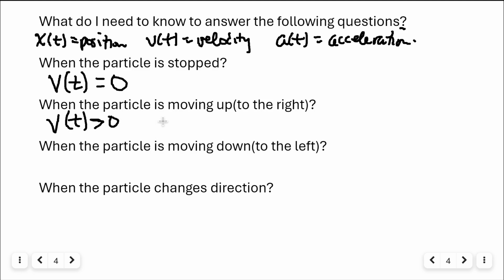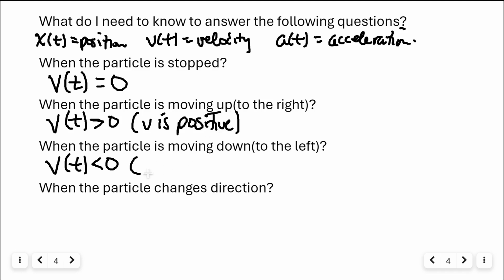Where velocity is greater than 0. Okay? When the particle is moving down or to the left, you would need to know when the velocity function is less than 0, when the velocity is negative.